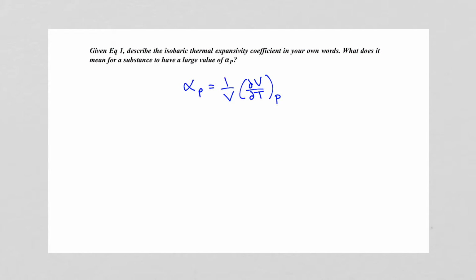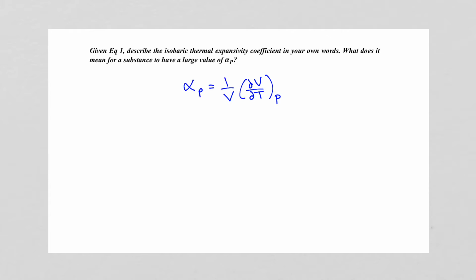Okay, so hopefully you have taken a minute to see if you can put into words what this equation is telling you. Looking at this, what I can see is that this equation is saying something about how the volume of our substance changes as we change the temperature at constant pressure.